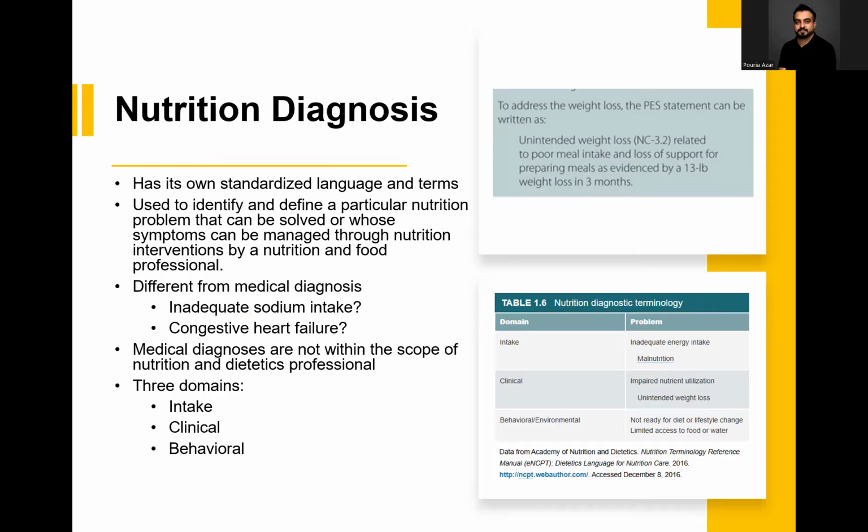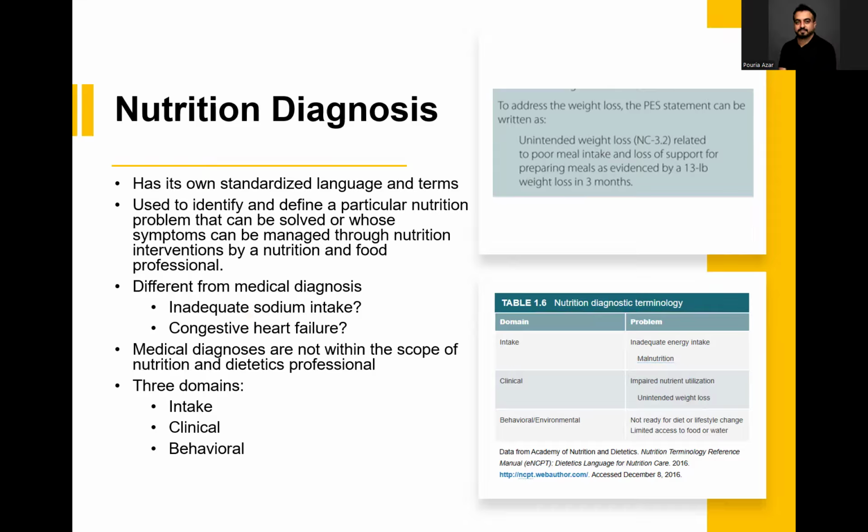When we try to address nutrition diagnosis, we use the PES statement. Again, P stands for problem, E stands for etiology, and S stands for signs and symptoms. And look at that example on the right side of the slide.